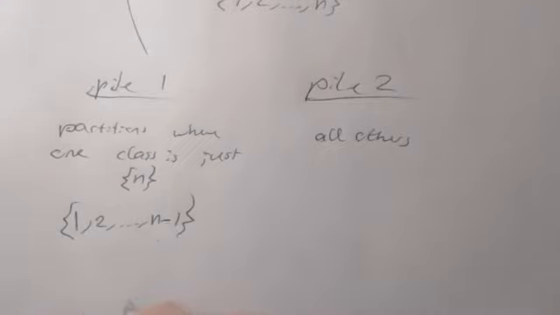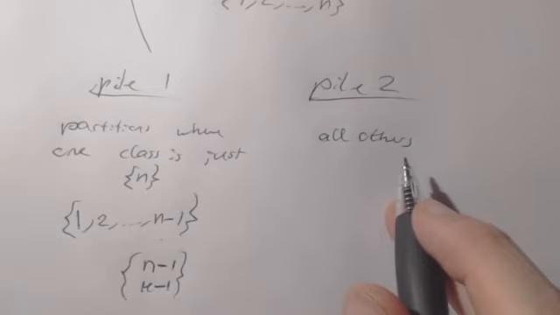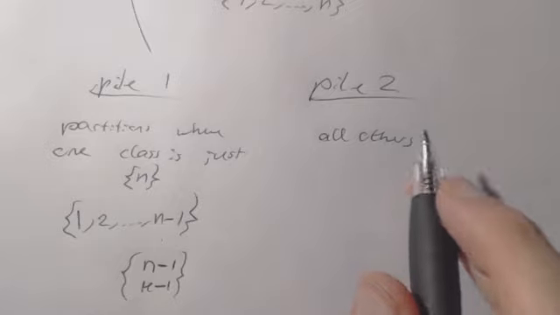So this number here is going to be, I don't know what we call this, I'm going to say {n minus 1, k minus 1}. And all others, it seems like it might be a bit more tricky because, how do we do that? It's going to be this plus something, isn't it?